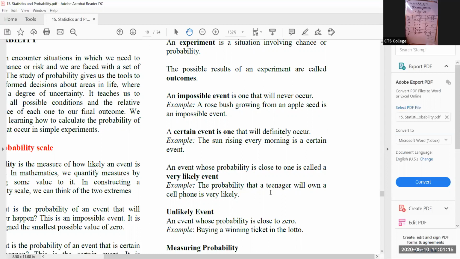A very likely event would be a teenager getting a cell phone. We're not sure that that's going to happen. Or the likelihood of a child reaching puberty. We're not sure that child is going to live. It's a very likely event that the child will live, but it's not certain because of factors such as crime, health problems, among other factors, right? It's not certain, but it's very likely that the child will reach puberty.